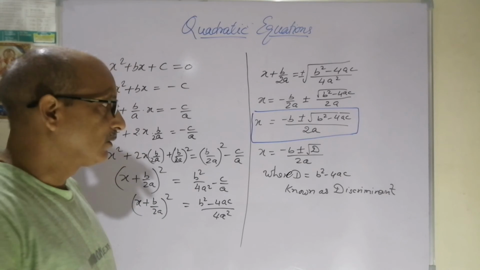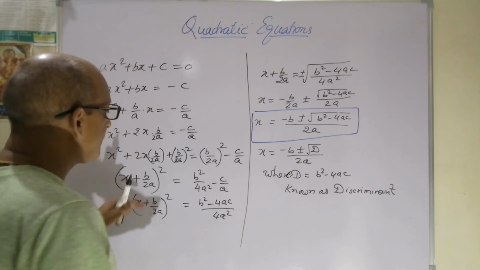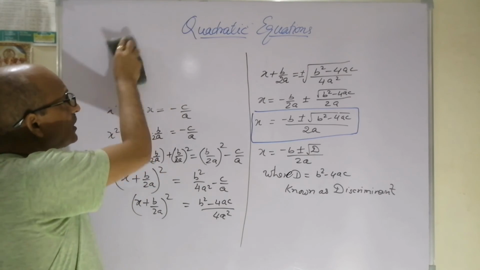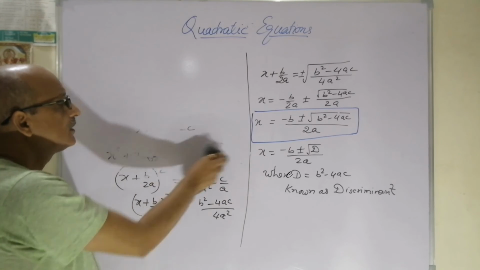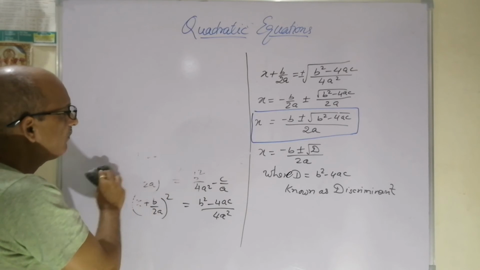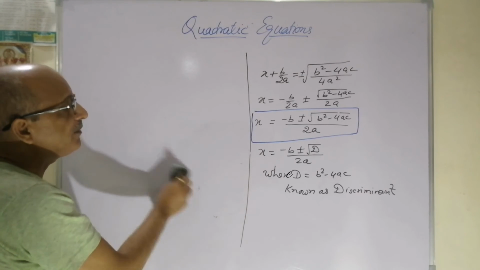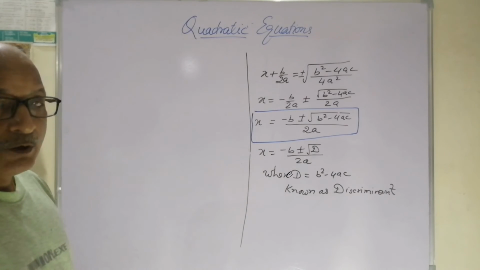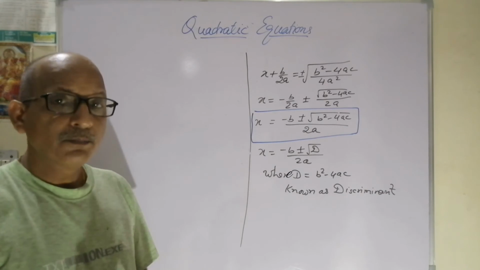Let's see: when D is positive, then we can solve. When D is 0, then we can solve. But when D is less than 0, the number under the root will become negative, and we know that square root of a negative number is not possible.